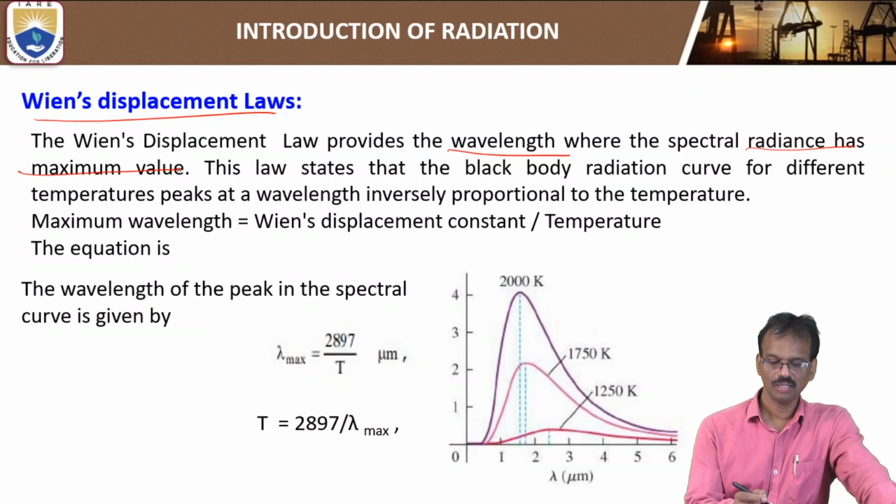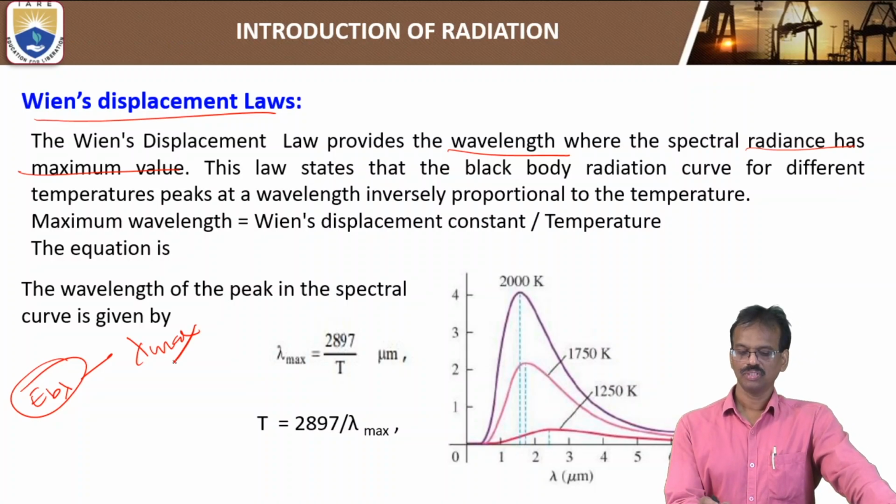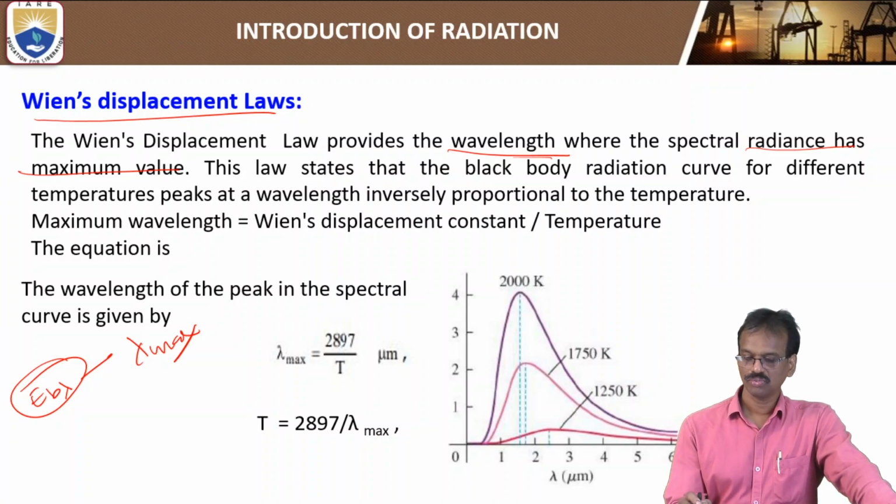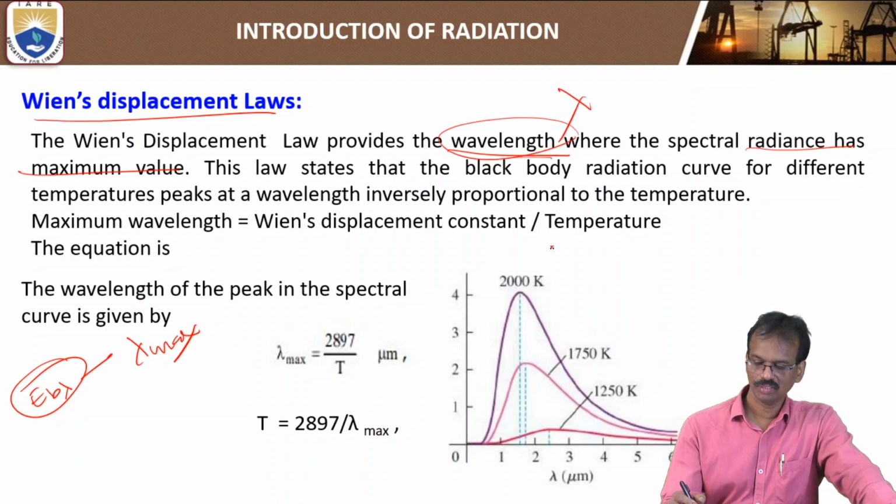If the spectral or monochromatic emissive power is at its maximum value, so E b lambda is maximum at lambda max. It means it provides the wavelength where the spectral radiance has its maximum value. That wavelength is nothing but the maximum wavelength, simply represented by lambda max.